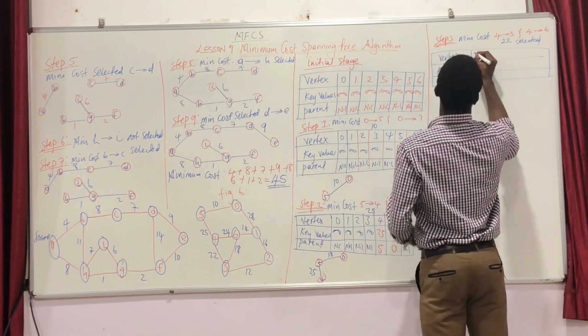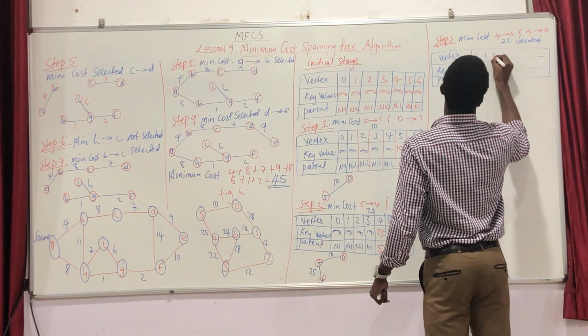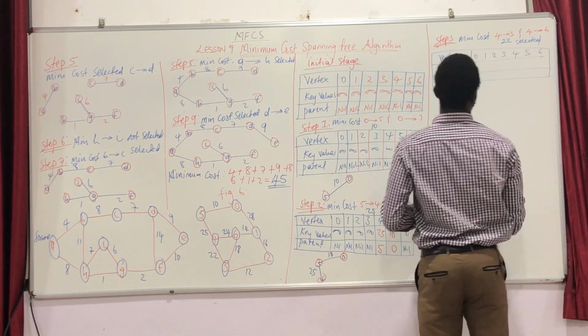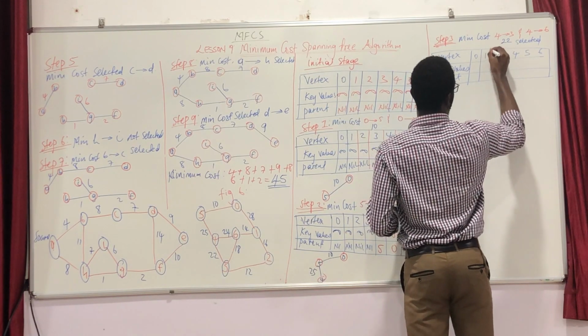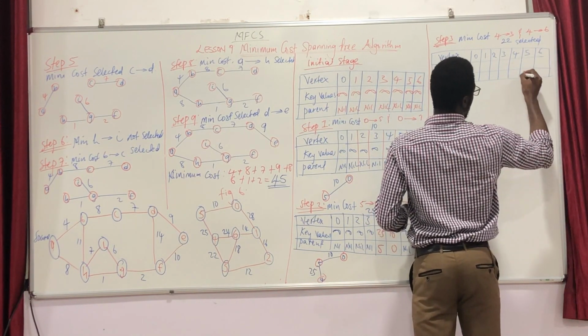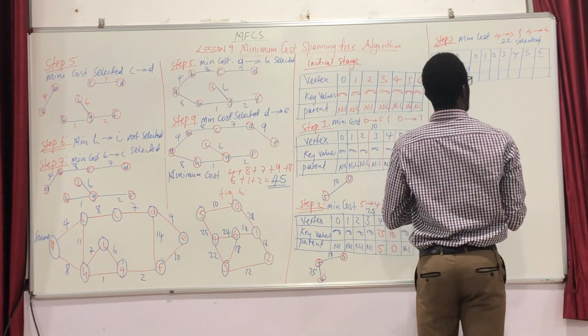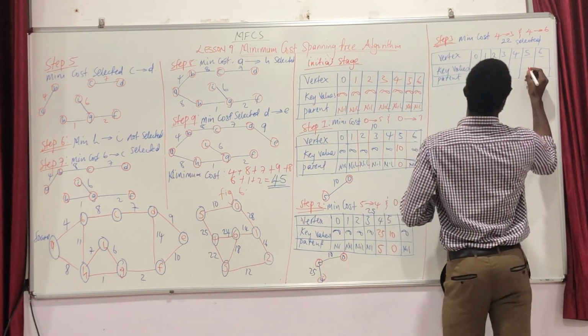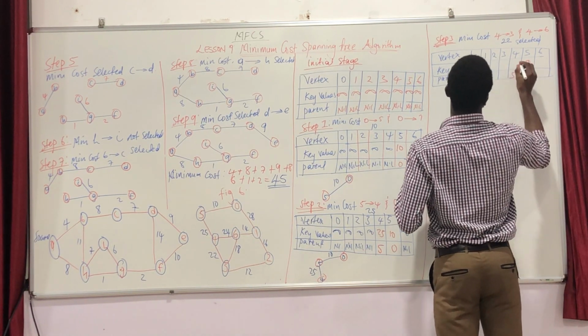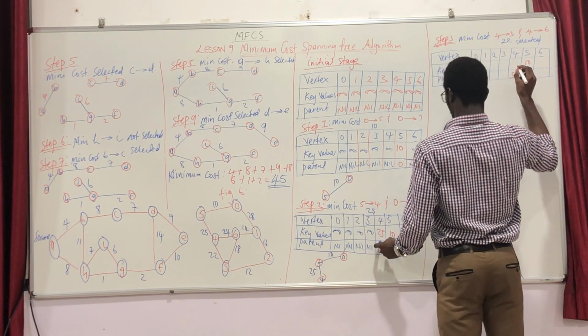Starts from 0, 1, 2, 3, 4, 5, and 6. So already here 0 to 5, which is 10, and 5 to 4, which is 25.